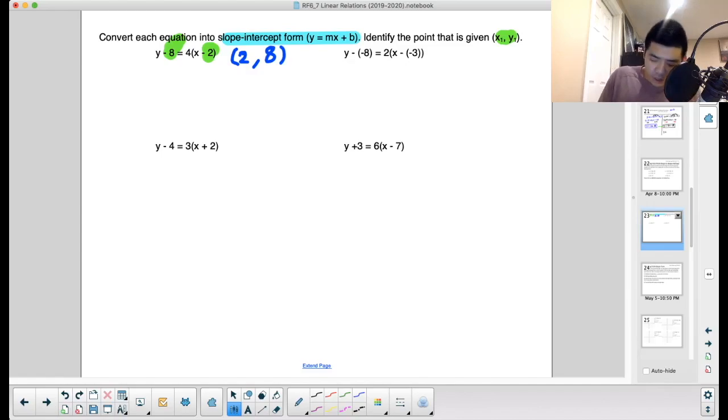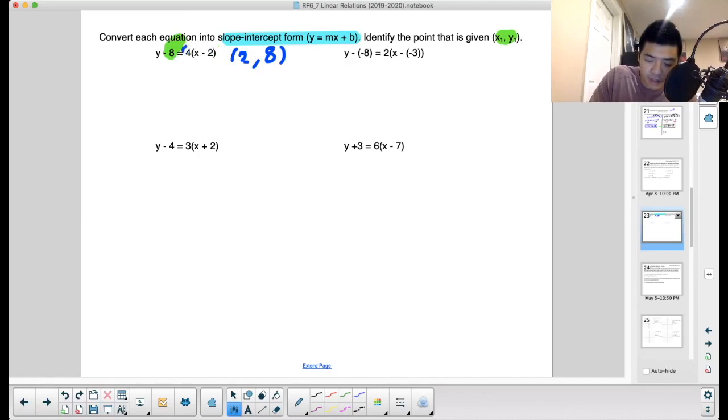We're going to turn all of these equations into slope-intercept form. I'm going to simplify your right side first. We've got 4 times x and 4 times negative 2. It's a little bit small on my iPad, I apologize.